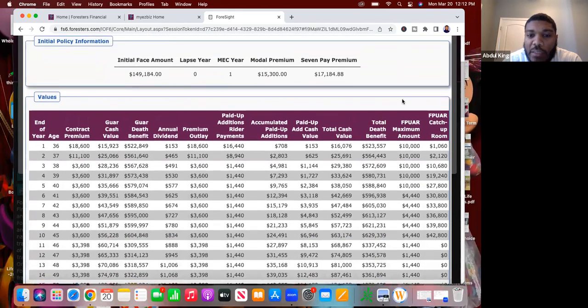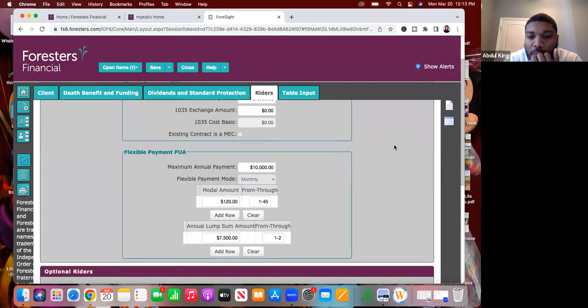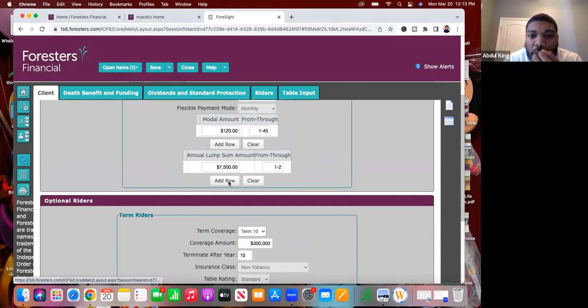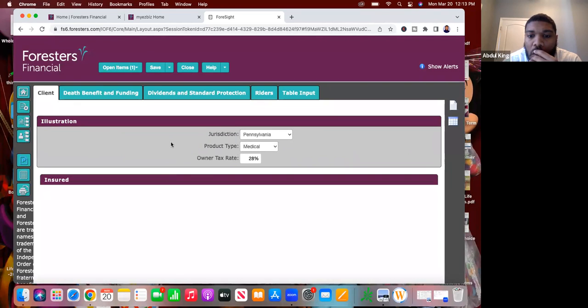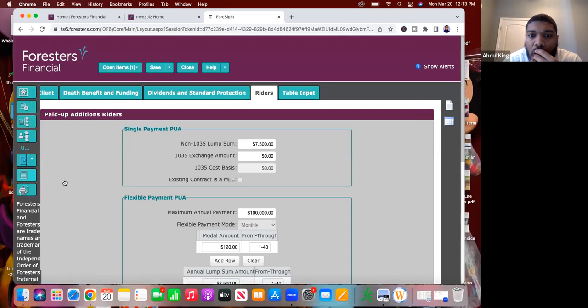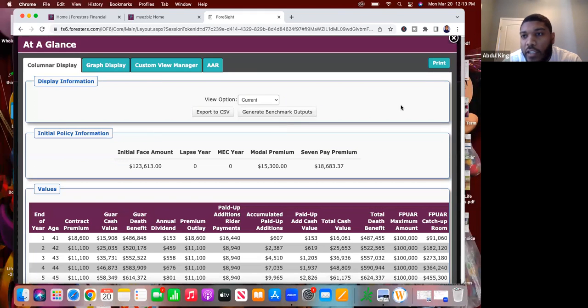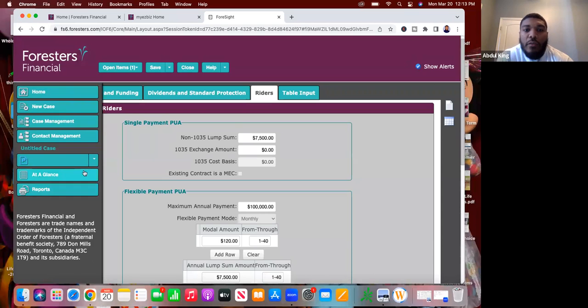If I had this problem, I'll just call up Foresters and get them to help me out with it. But hold on, I want to get this to where... All right, see, it was the age. So now we got it to work.